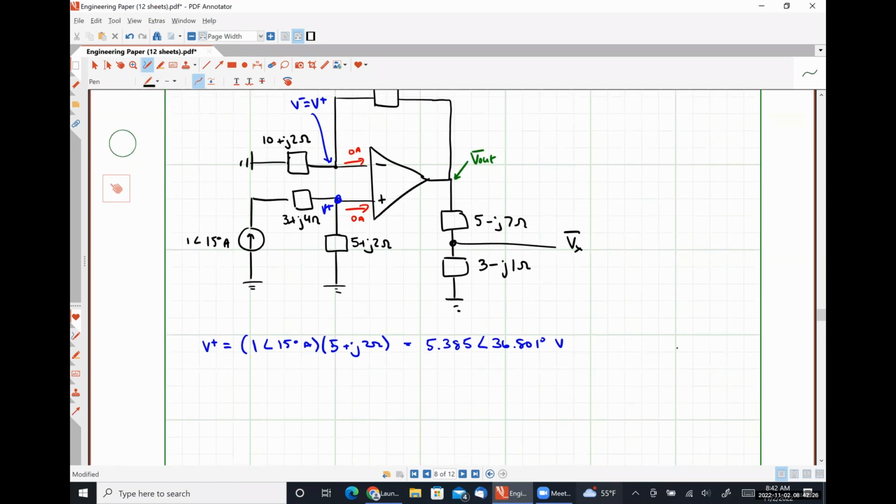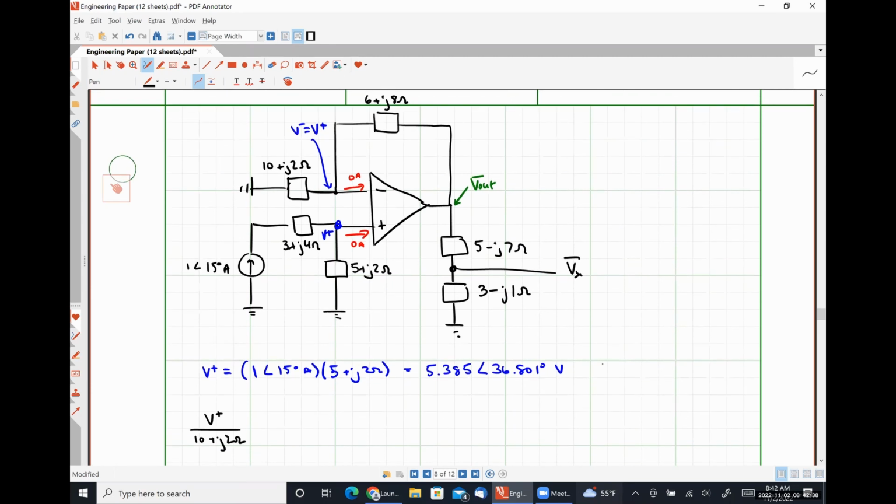So this is going to look like V plus over 10 plus J2 ohms plus V plus minus V out over 6 plus J8 ohms is equal to 0.